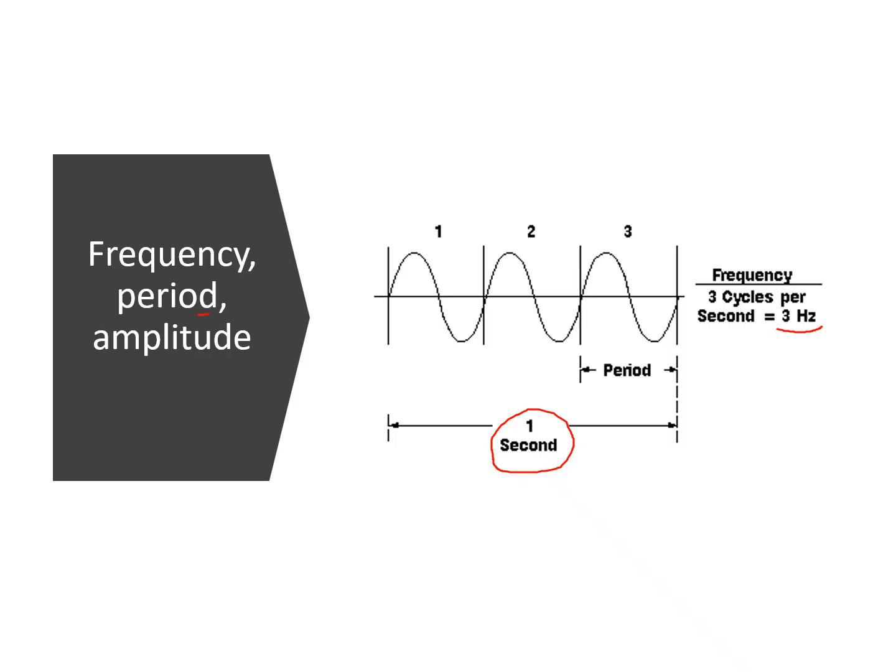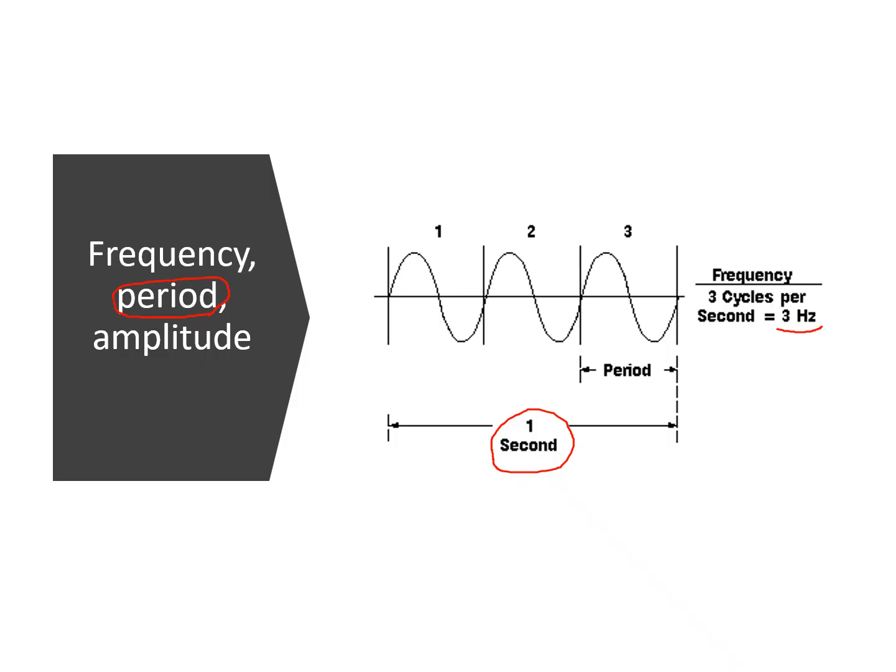On the other hand, what is period? To put it in simple words, period is the inverse of frequency. So if the frequency is the total number of cycles in the unit of time, the period would be the time that it takes for a wave to complete 1 cycle.